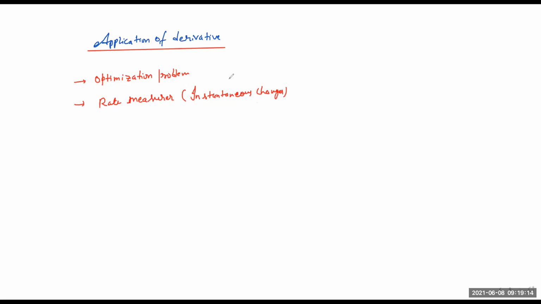So like the stock market, right? If you have heard about the stock market, the software which works for the stock market is made with the help of calculus. Because the changes are very fast, very quick, and we need small changes, like what happens in less than 1 second.